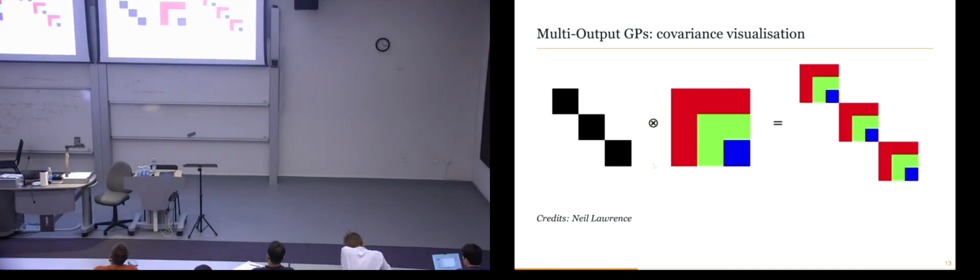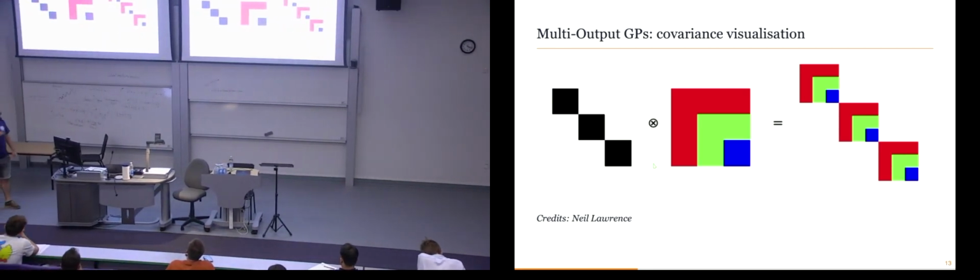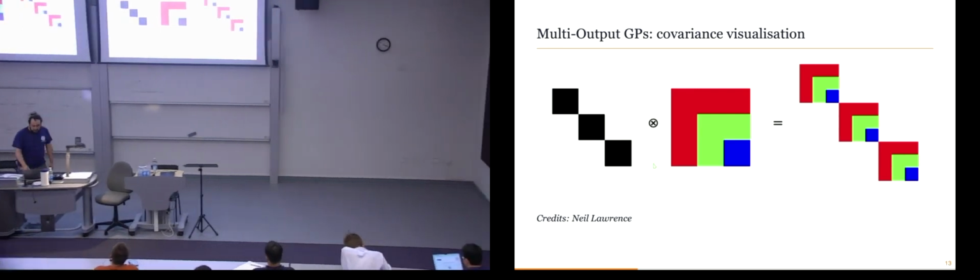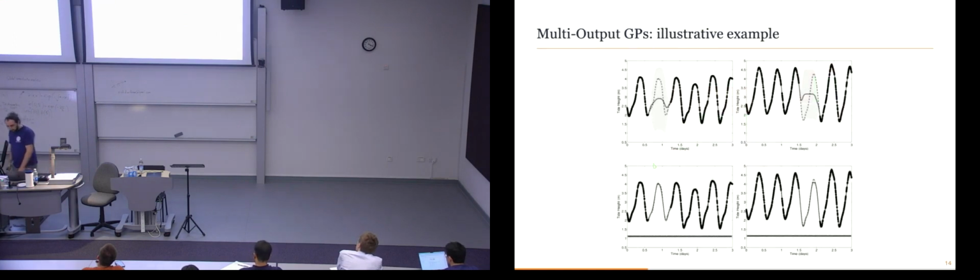Of course, in the general case, the terms outside the diagonal also have values that are not zero, so it's way more complicated. And inverting this object, you can imagine, that's why it's really expensive, because you will have this cubic cost. It's just to give an idea. But the good thing is you're modeling every output-input couple and the correlation between all of them.